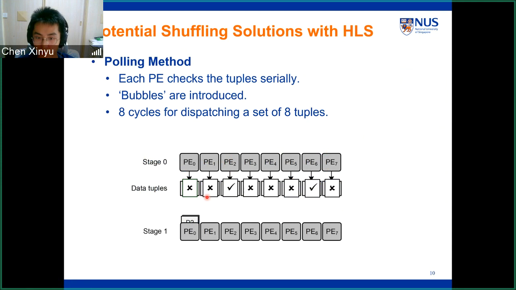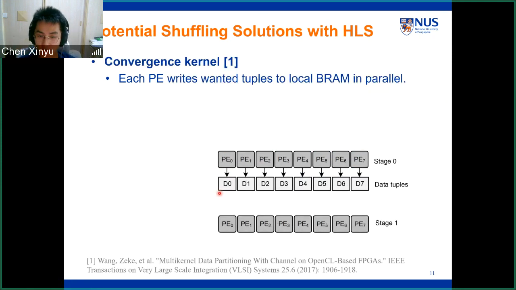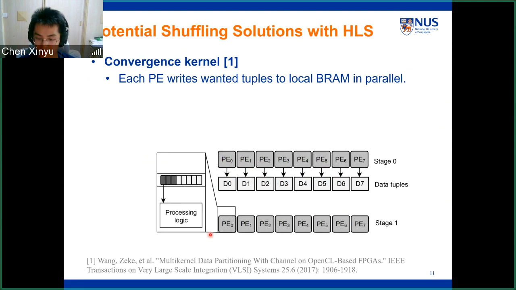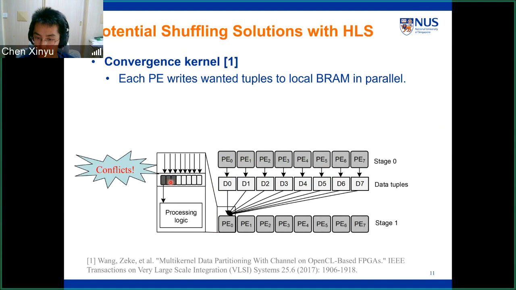which has very low parallelism. The second potential solution is the convergence kernel. The basic idea is that each PE tries to write only the tuples they need to process into a local buffer, and then they process these tuples one by one by reading this buffer.